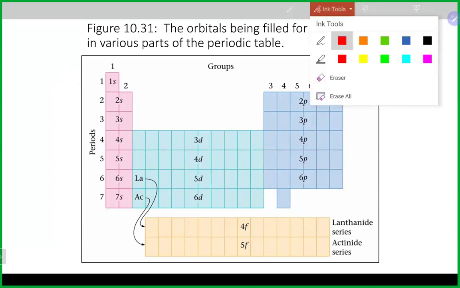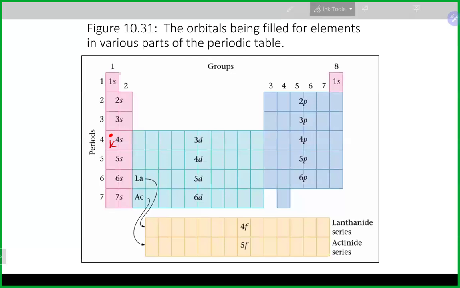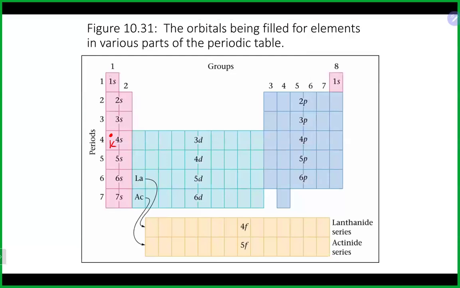So for example, let's say we had potassium, which is 19, right about there. We want to count off its electron configuration. We start up on top, and as we come across to here, that gives us 1s2. Now we have 2s2.